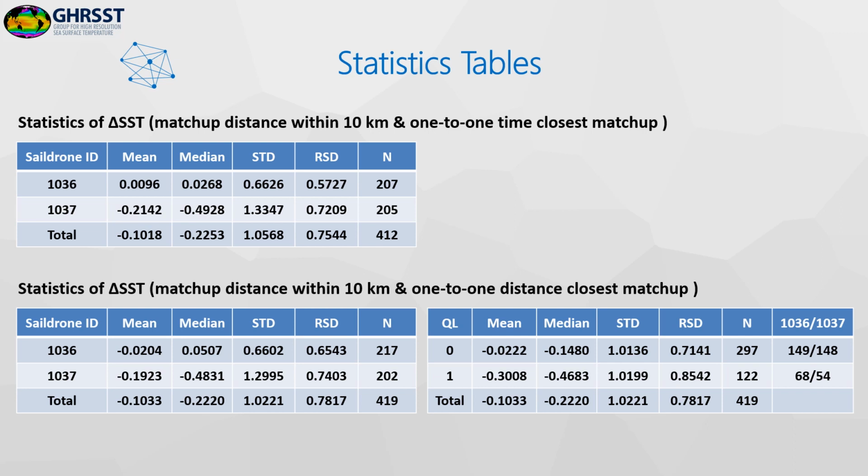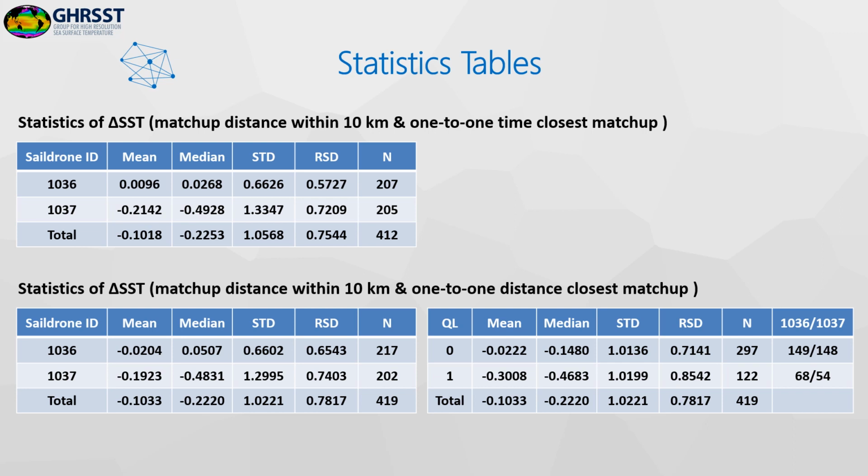Now let's see some results. Here are some statistics tables for both one-to-one time closest matchups and one-to-one distance closest matchups. There are about 400 valid matchups between Saildrone and MODIS SST during the Arctic cruise in 2019.